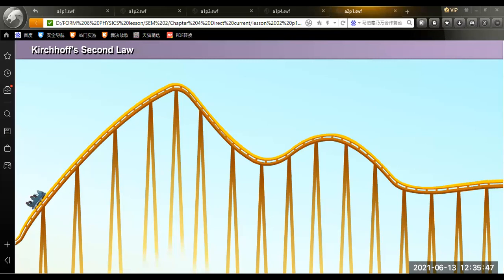So this means that at the maximum height, what happened? This means it will have maximum potential energy, right? When it's going down, the potential energy will convert to kinetic energy. The loss of potential energy is converted to kinetic energy.